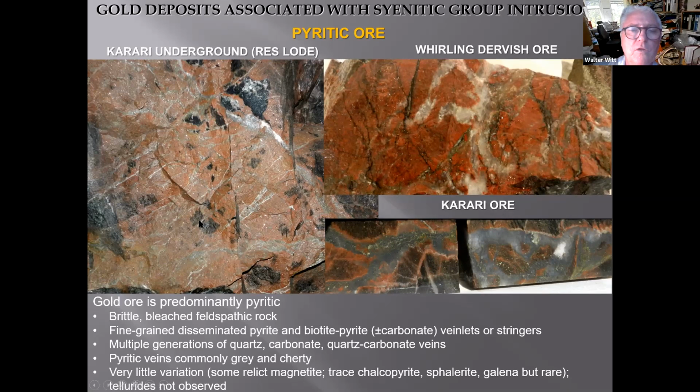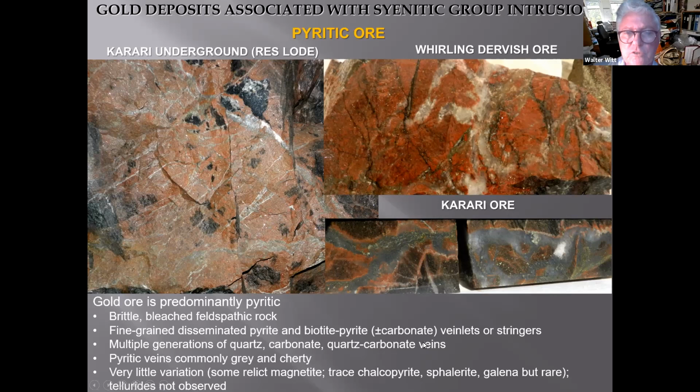In detail, these are spatially related to millimetre to perhaps a centimetre scale veinlets and stringers of feldspar veins, biotite veins, biotite pyrite veinlets, as shown in here. And there are also some, fairly rare, grey cherty quartz pyrite veins.